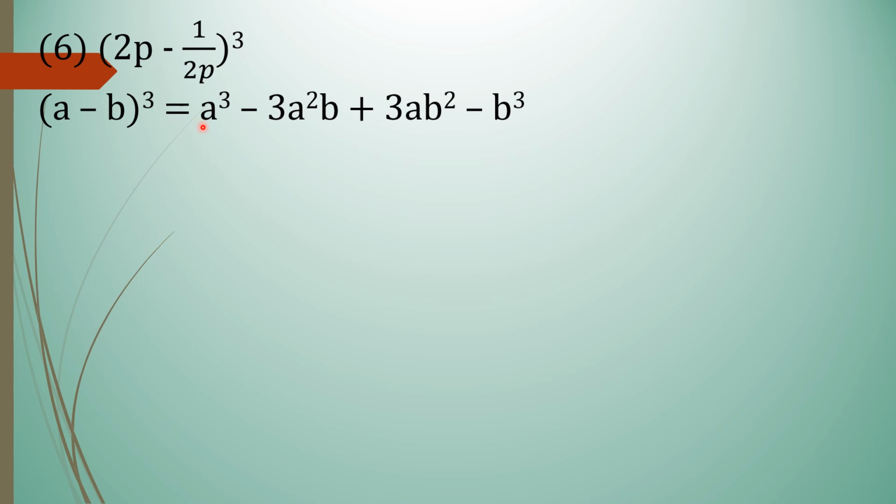Now sixth one. What is given in sixth one? 2p minus 1 upon 2p the whole cube. So same formula, a minus b the whole cube equal to a cube minus 3a square b plus 3ab square minus b cube. So here our a term is 2p and b term is 1 upon 2p.